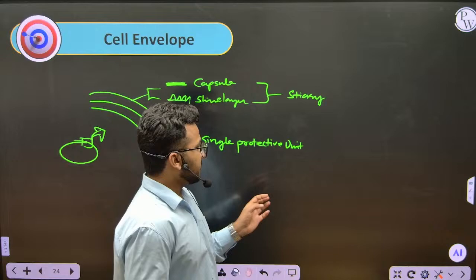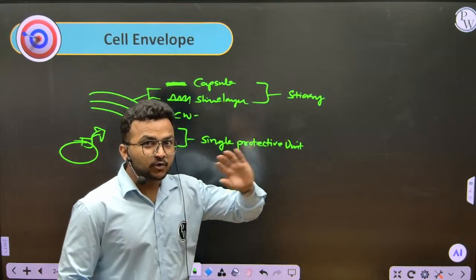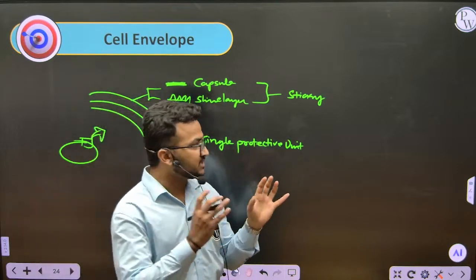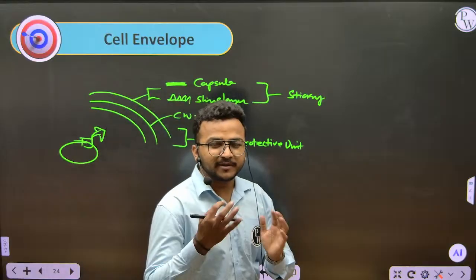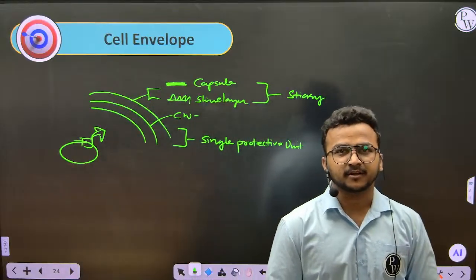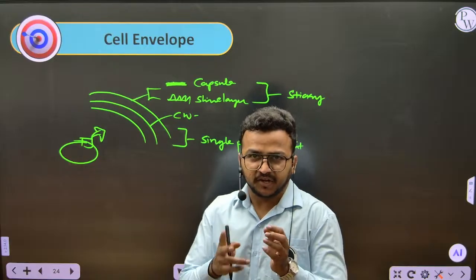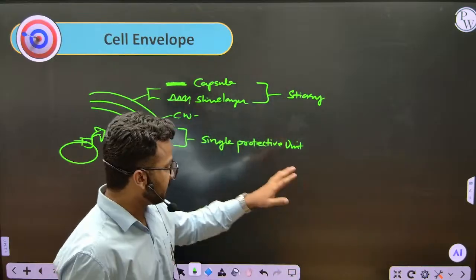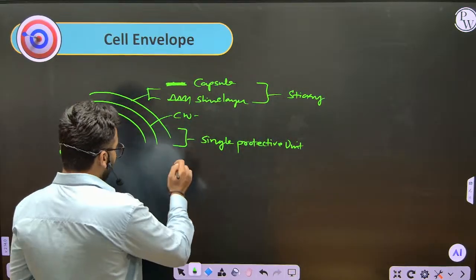To kill the bacteria having this cell wall, we take antibiotics like penicillin, which destroys the cell wall of the bacteria. We discussed that in the last section.